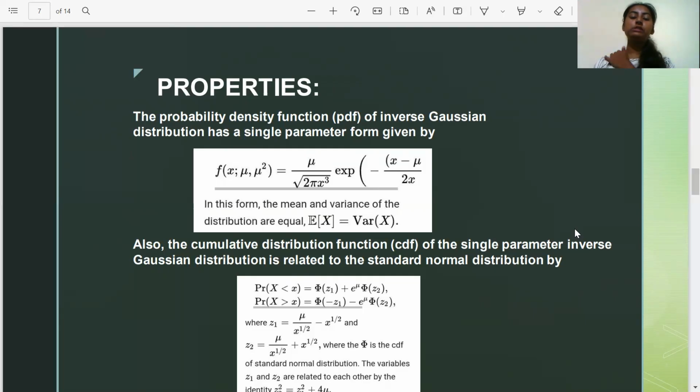The variables z1 and z2 are related to each other by the identity z2 and z2 plus 4 mu.